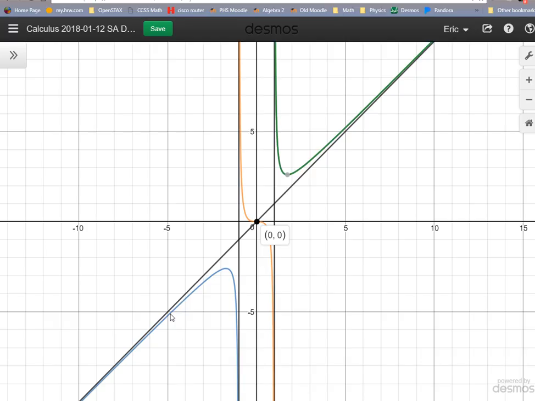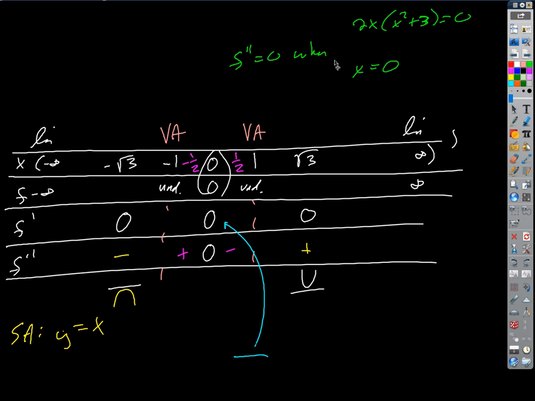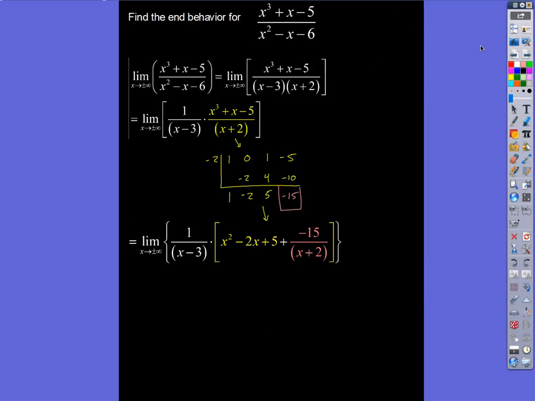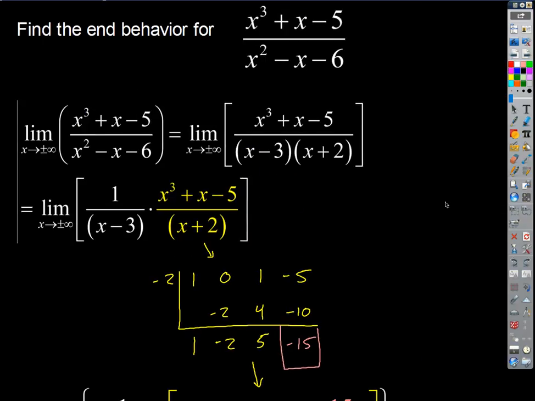Okay. Last thing. I want to take you through just one super quick example here of when you can use a trick. So if we wanted to find end behavior, you guys could all tell me this is a slant asymptote, right?